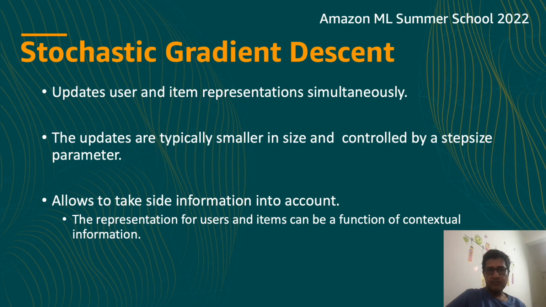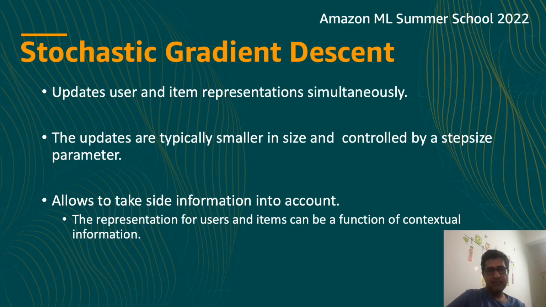And there are versions of this where you can update the user and item representations simultaneously as well. Those are much faster versions of achieving, I would say, the optimized estimates of U and V themselves.